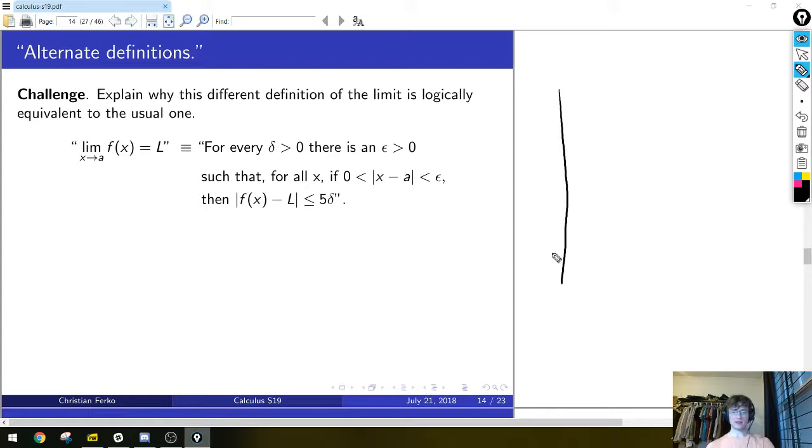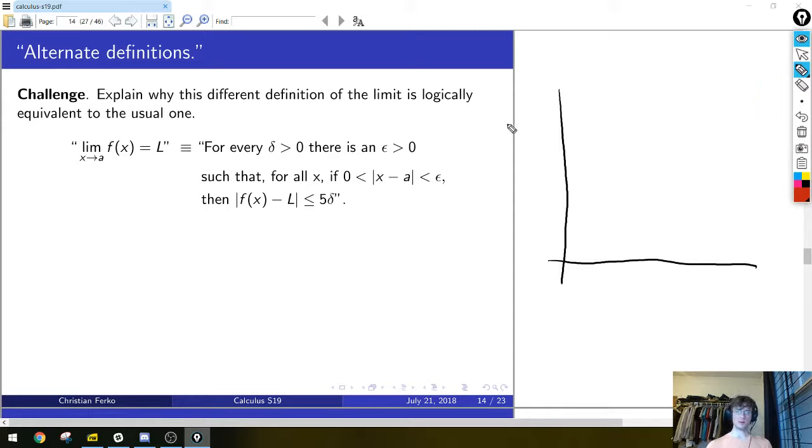Some of these alternate definitions are logically equivalent to the original one, which means that whenever this new definition holds, the old definition holds, and vice versa. So they're exactly the same. For some of these they'll be the same, for some they will not be equivalent. Your job is to disentangle which are the unimportant surface things I've changed about the definition, and which are the important ideas I've changed, and tell whether they're the same.